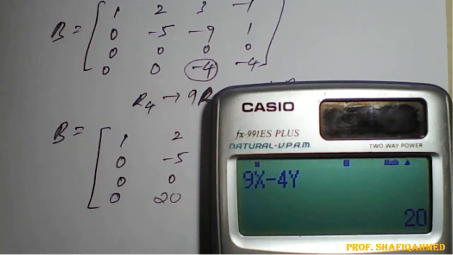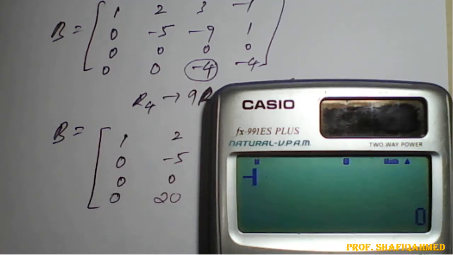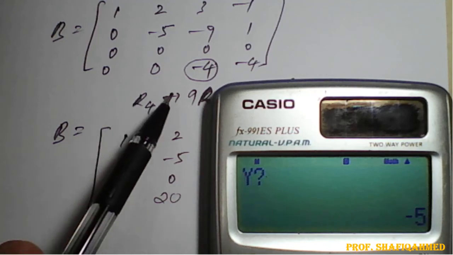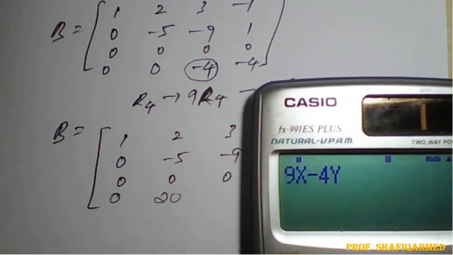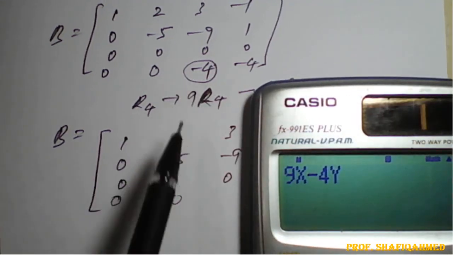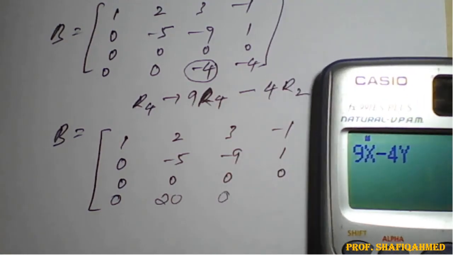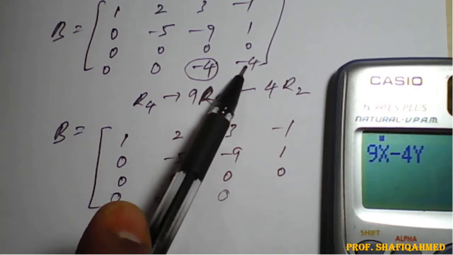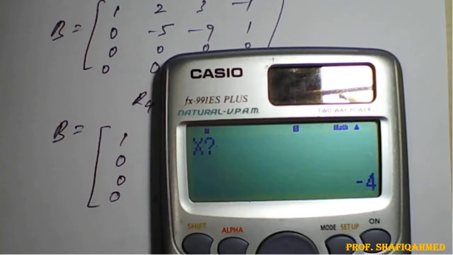Next, X is minus 4 and Y is minus 9. You can see the answer is 0. Our target is to make this element 0, so we got 0. Next, X is minus 4, Y is 1. How much do we get? Minus 40.